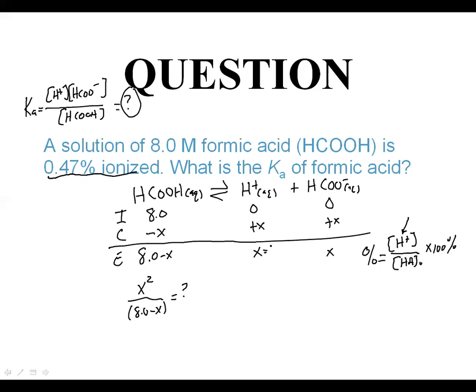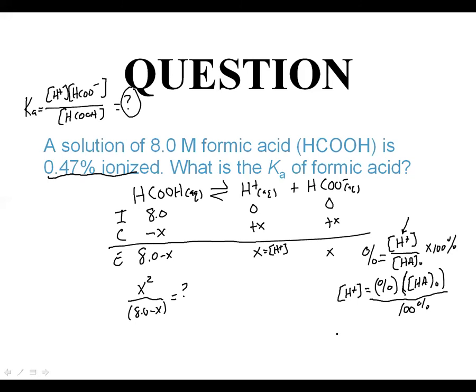So if we solve for H plus, we have H plus equals the percent ionization times the initial concentration of our acid divided by 100%.